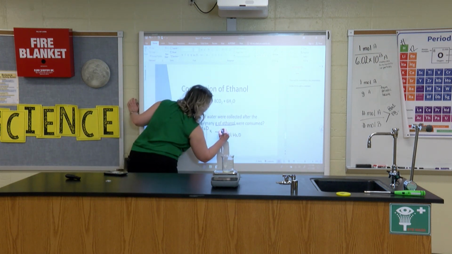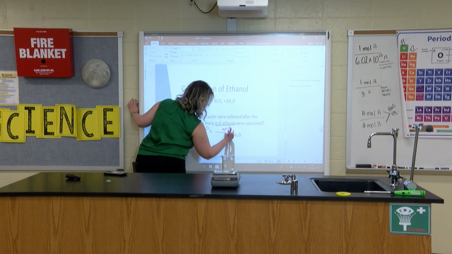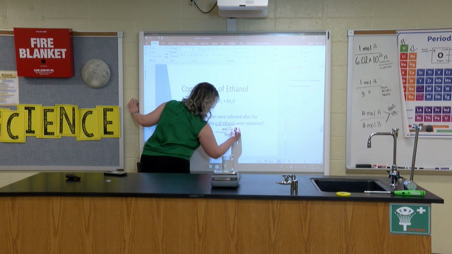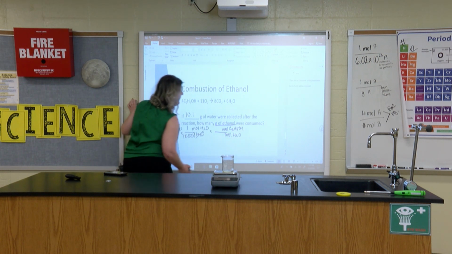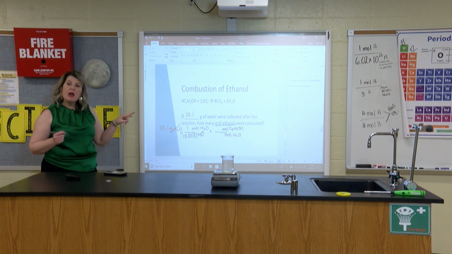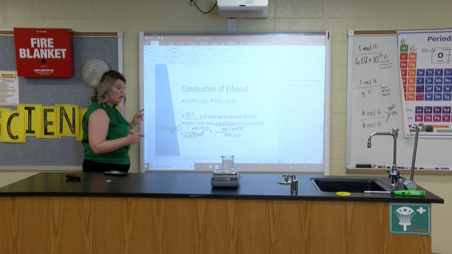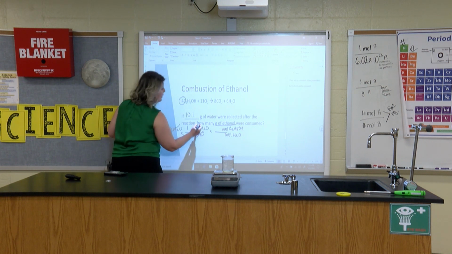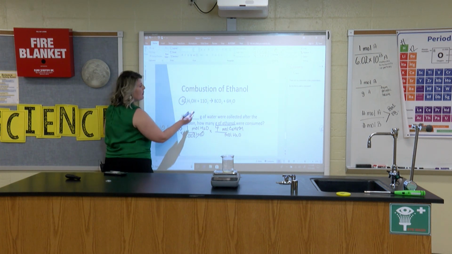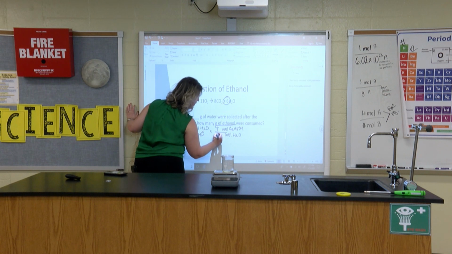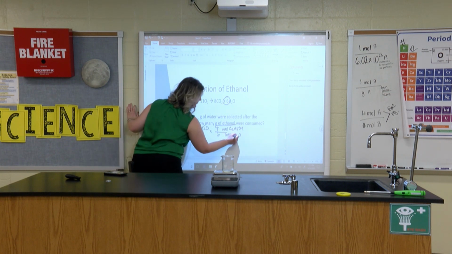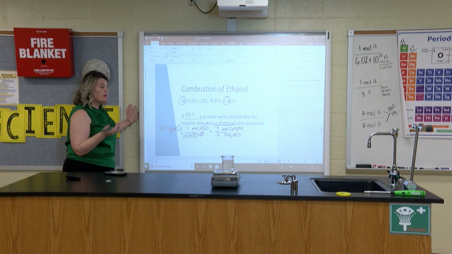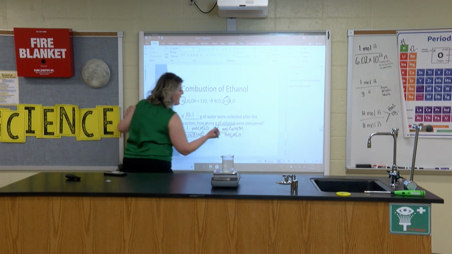So on the top, we're going to put moles of ethanol, which is C2H5OH. Where do those numbers come from for mole-mole? They come from the balanced equation. So with ethanol, we're going to put a 4. With water, we're going to put a 6. We're going to cross out moles and moles, and now we're left with moles of ethanol.